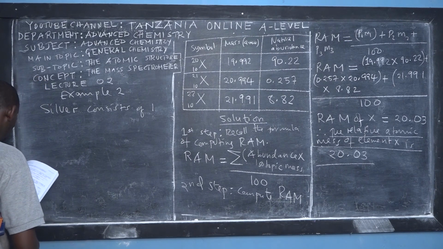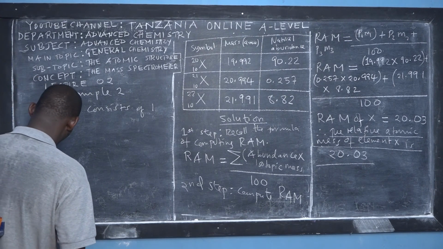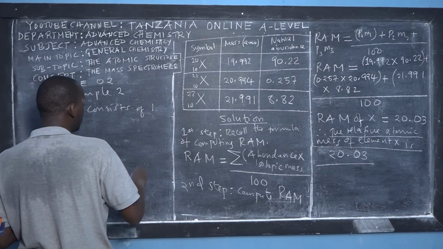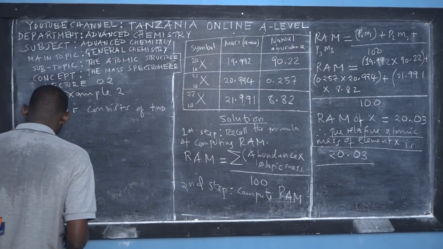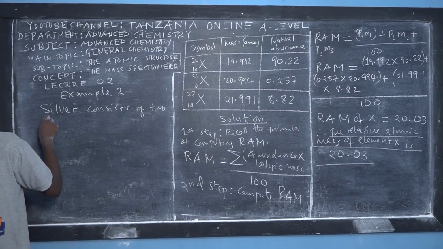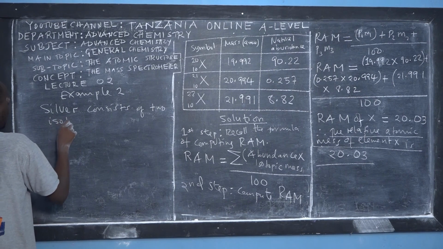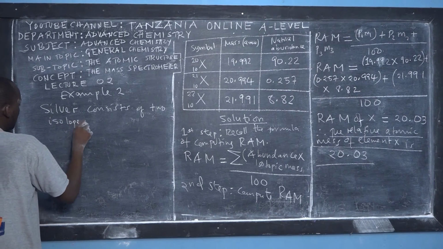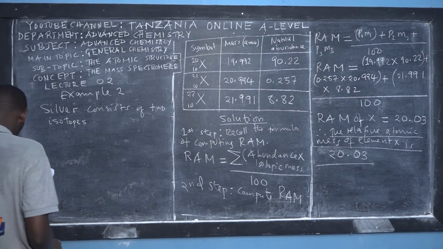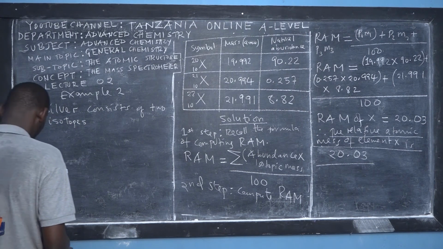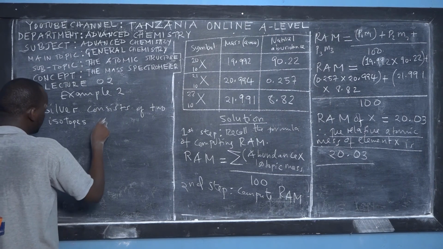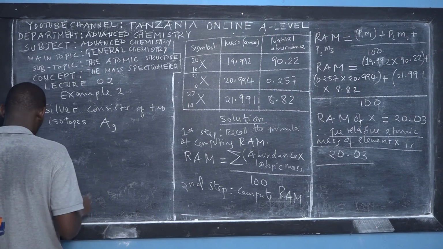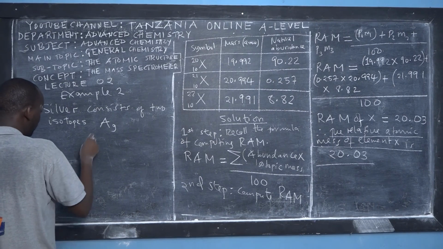Silver consists of 2 isotopes, which is silver 47.